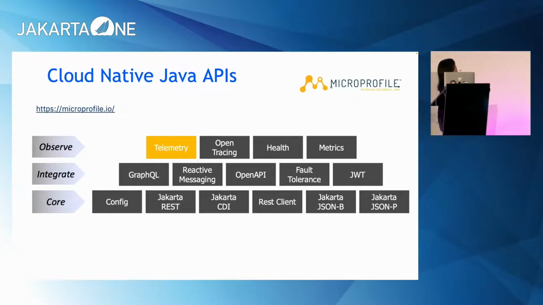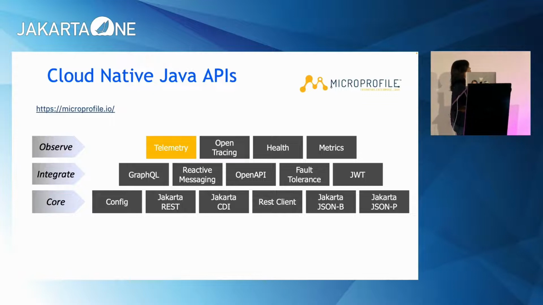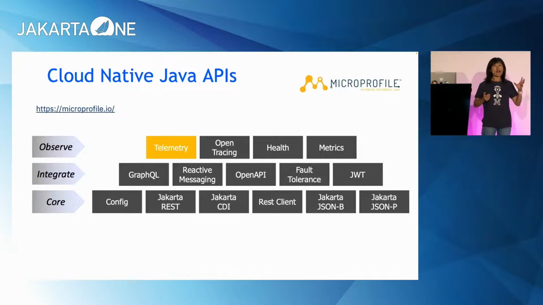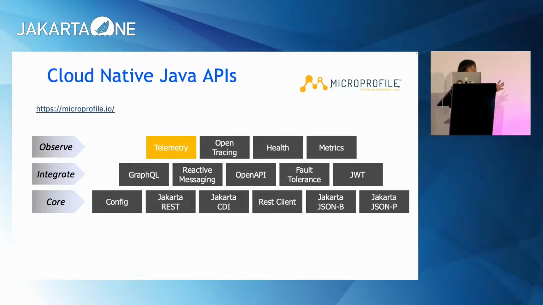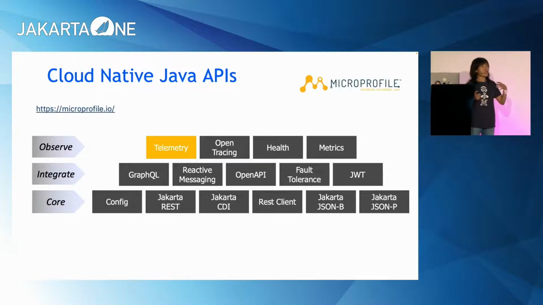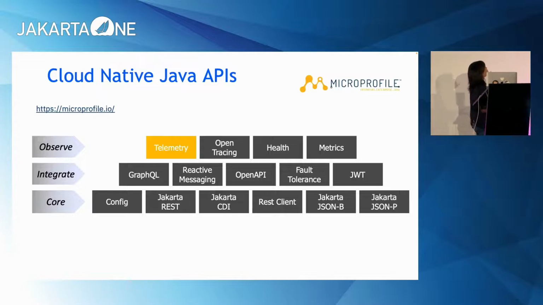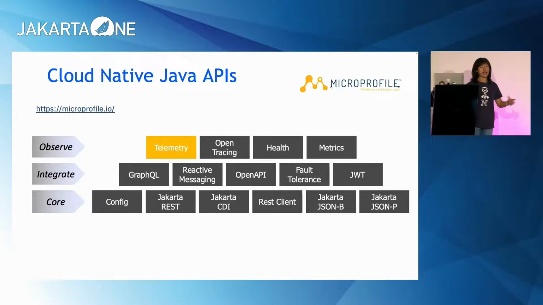As you can see here, you can use the Jakarta specs to create an application, and you use MicroProfile REST Client to connect these microservices together using REST. If you say, okay, I want to do asynchronous communication, that's fine. You can use reactive messaging. So directly you can plug in Kafka.